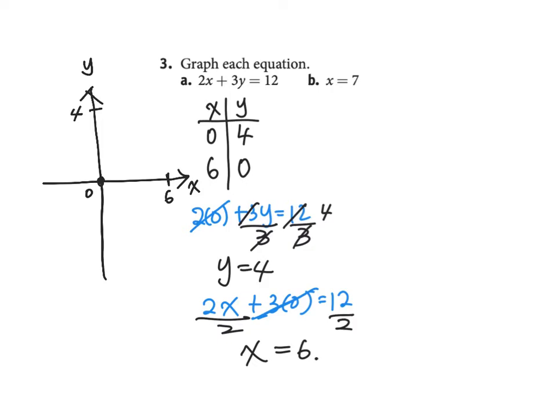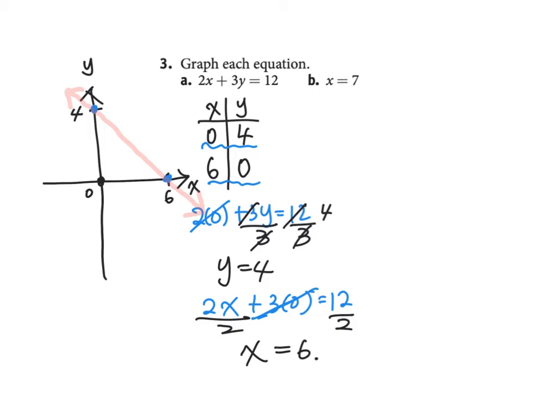And I have 2 coordinate points. The first is 0, 4, which is right here, which is the y-intercept. And the next one is 6, 0, which is the x-intercept. And you just need to connect those 2 points. Since it's linear, you gotta draw a straight line.